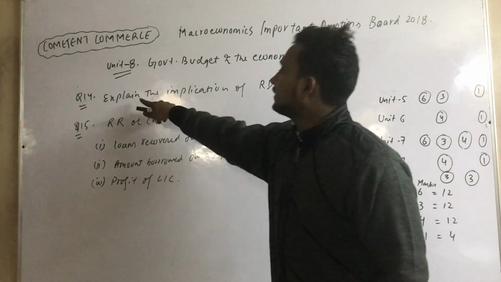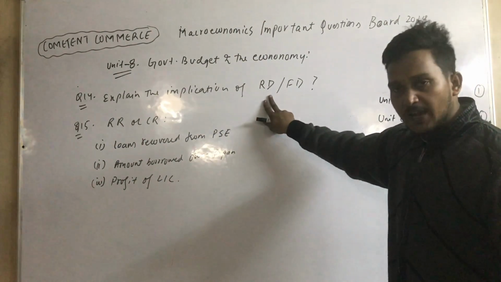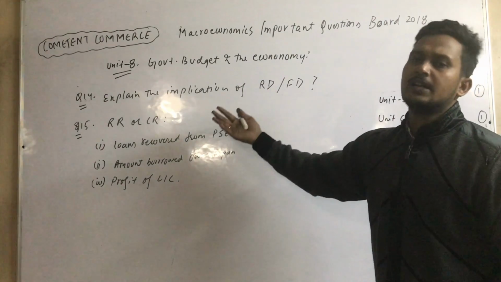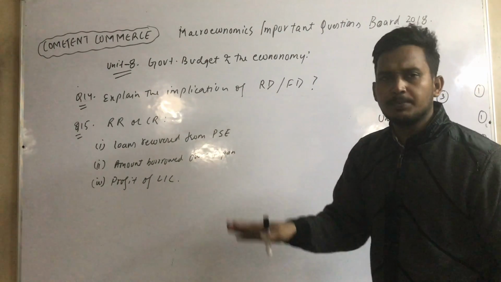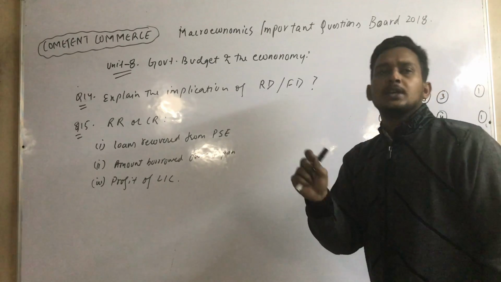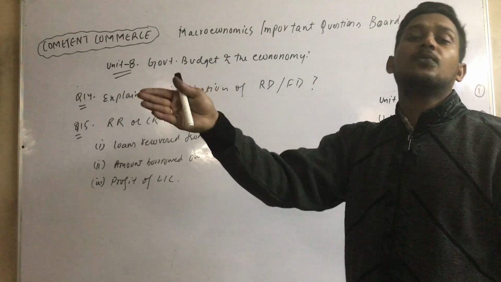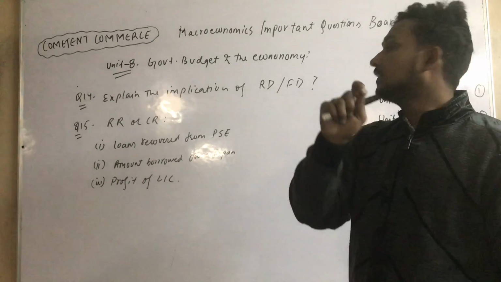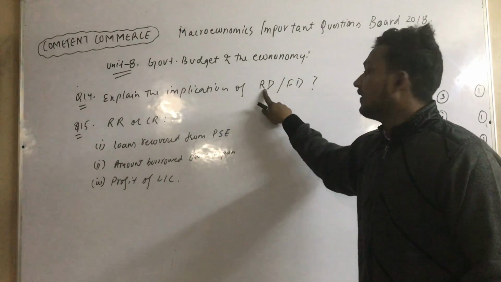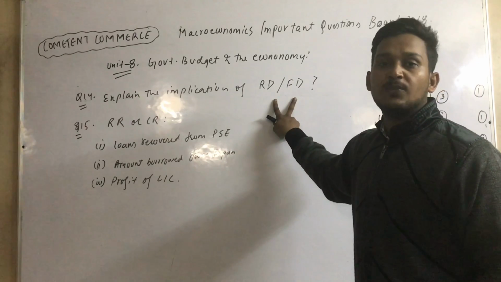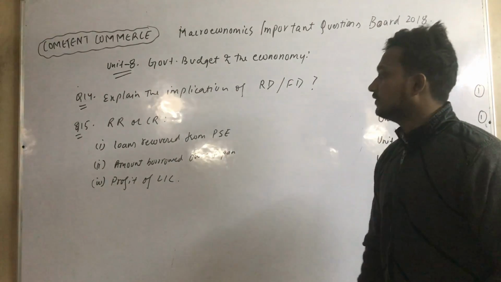One question is explain the implication of revenue deficit and fiscal deficit or primary deficit. But I have not taken primary deficit. Why? Because explanation of primary deficit is not for 3 mark or 4 marks. That's why I have considered only two deficits, revenue deficit and fiscal deficit. So please prepare these two topics, implication of revenue deficit and fiscal deficit.